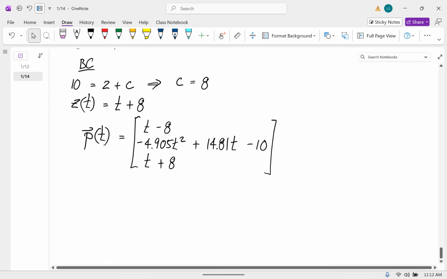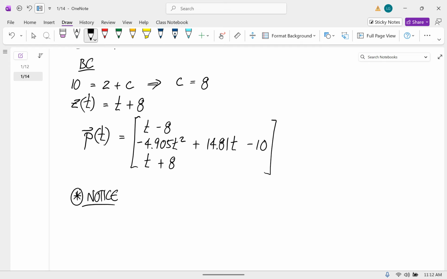One thing I want you to notice is that in order to solve, you need one boundary condition per dependent variable for each integration level that you take.